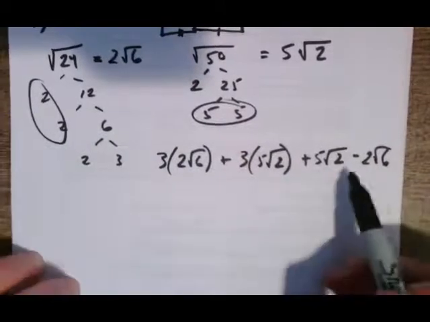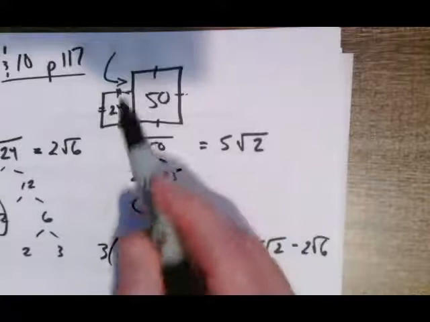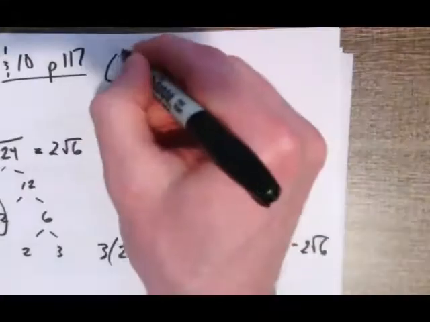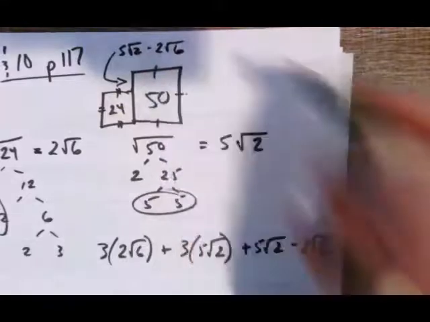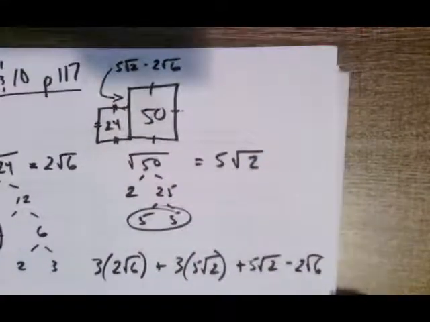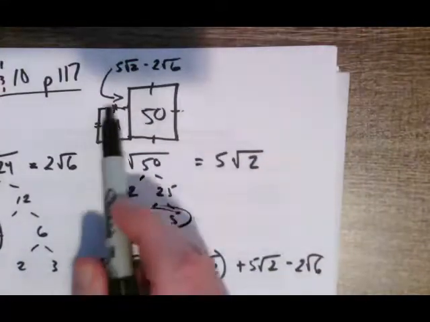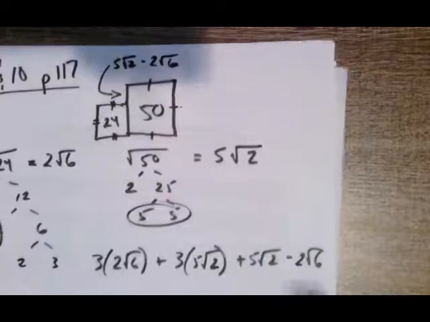Remember, this part here is this space right here. This space is 5 root 2 minus 2 root 6. That's what that little space is. And then we've got 3 of these sides, 3 of those sides. So we just have to simplify this.